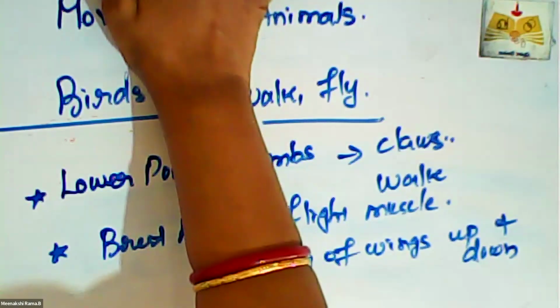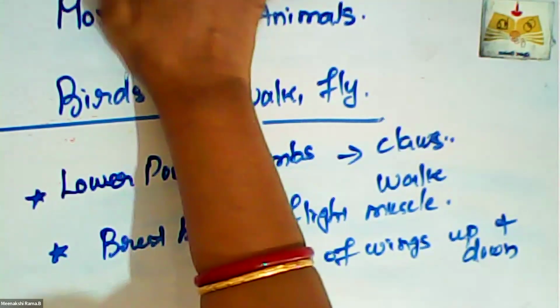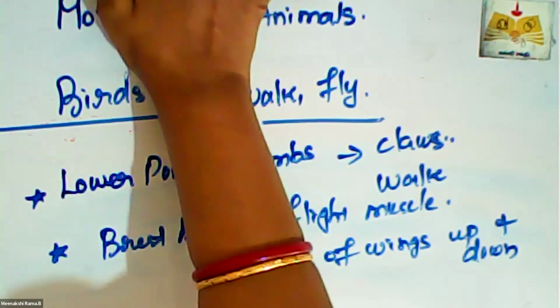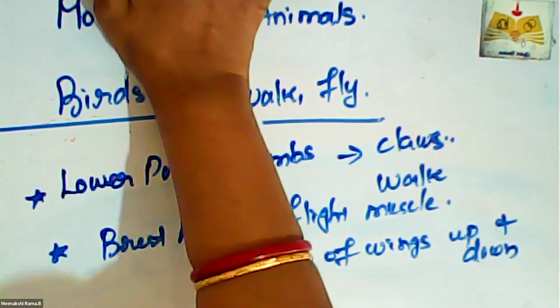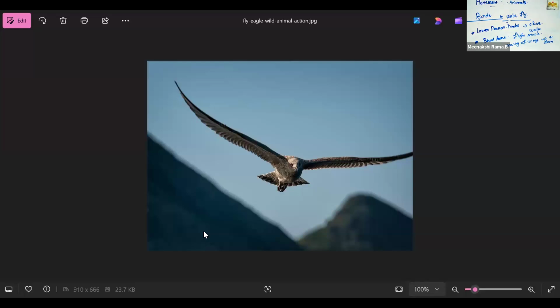So the two types of flight are flapping and gliding. Yes, this is the gliding nature. So what is gliding? In gliding, the bird has its wings and tail spread out.